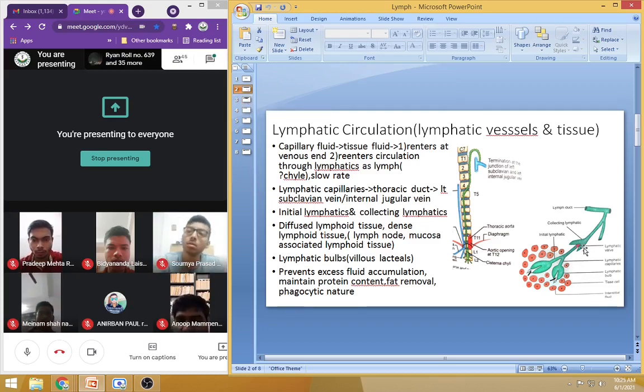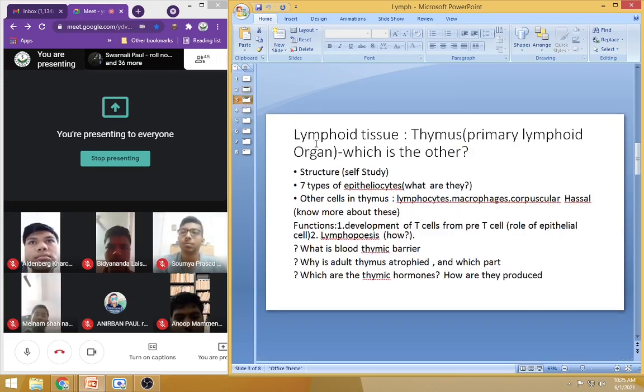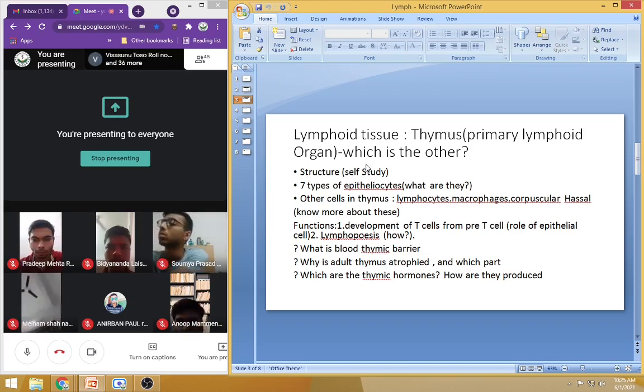And you can see there are two types of lymphatics, right? The lacteals, which are also called the lacteals. Now, the thymus is again a primary lymphoid organ, the other one is the bone marrow. The structure I'm not going to tell you now because you have done it in anatomy, so this is for your self-study.